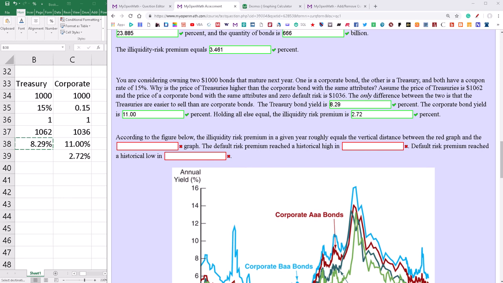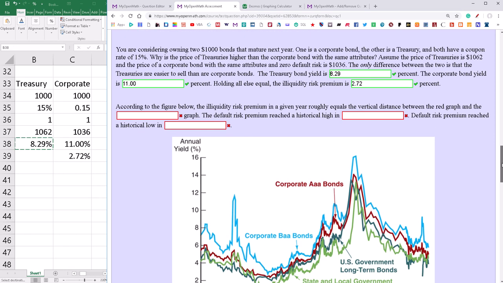The red graph is the corporate AAA bond rating, and the dark blue graph is the government long-term bond yield.